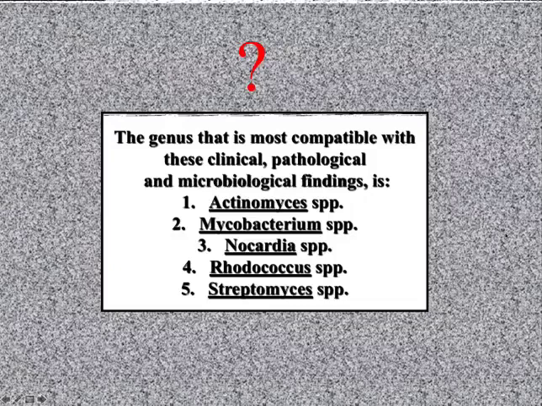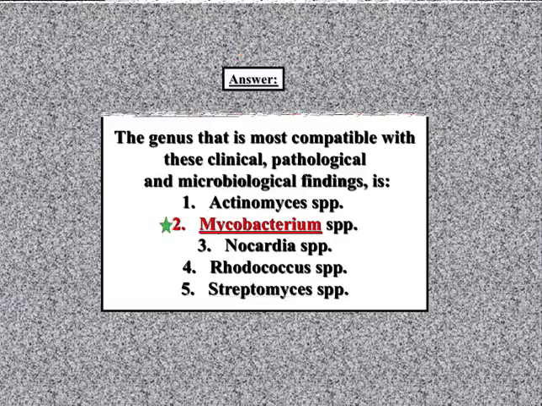We don't have culture, but the genus, based on morphology, that is most compatible with these clinical, pathological, and microbiological findings is 1. Actinomyces, 2. Mycobacterium, 3. Nocardia, 4. Rhodococcus, 5. Streptomyces. What is it? 2.